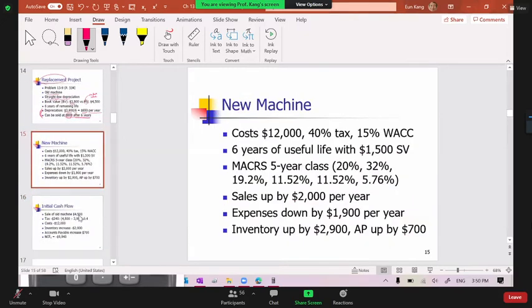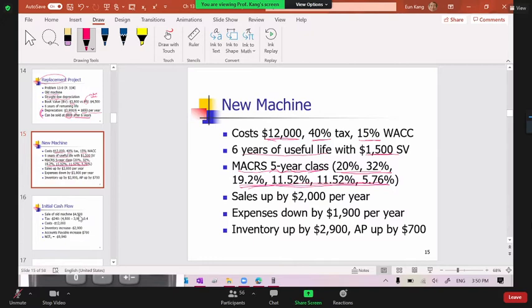Then the new machine costs 12,000, 40% tax, 15% WACC, and 6 years of useful life with 1,500 salvage value. Then MACRS 5-year class, those rates you don't have to worry about. Those rates will be given in exam or quiz or homework, so you don't have to memorize this.